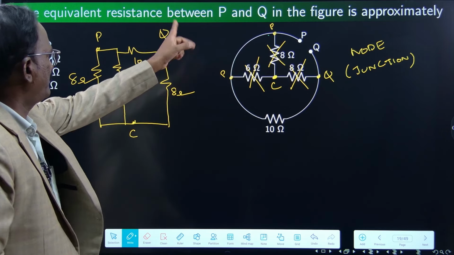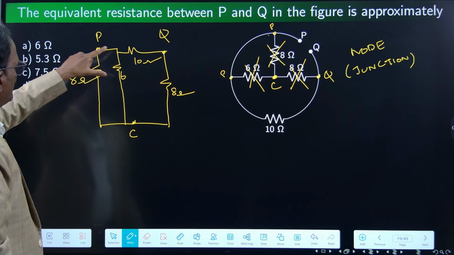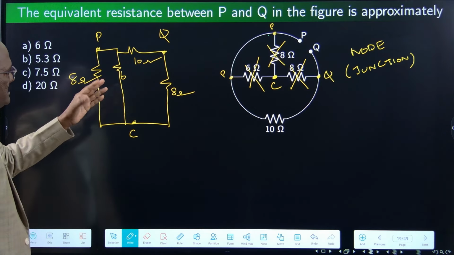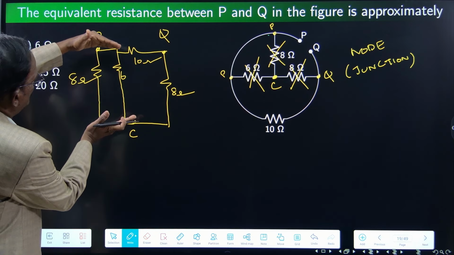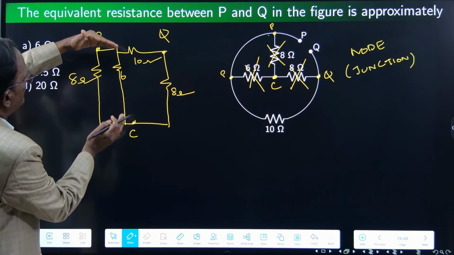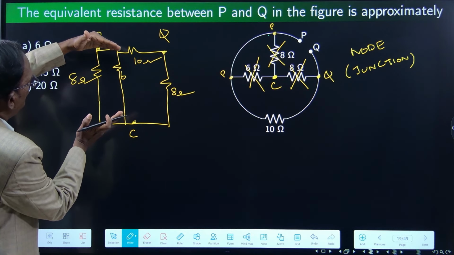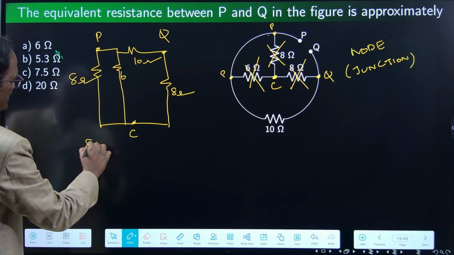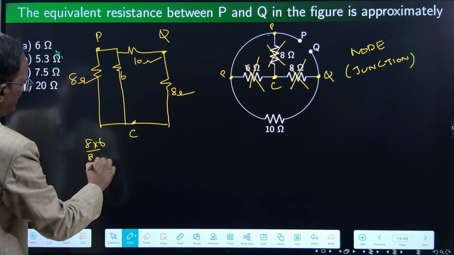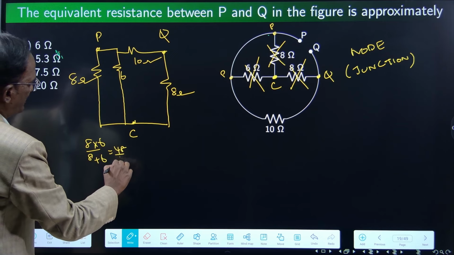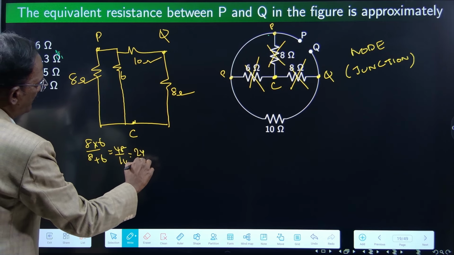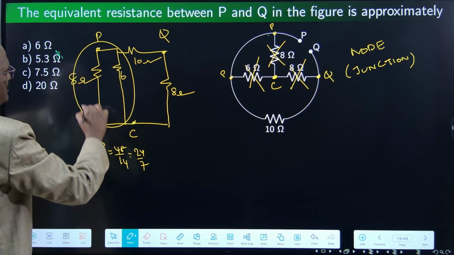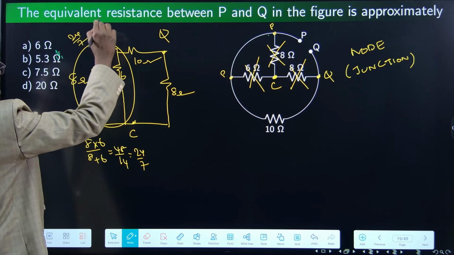The question is between P and Q, right? So these two are in parallel. Easily we can tell, because these two have common junctions, P and C. So 8 into 6 divided by 8 plus 6, 48 divided by 14, or 24 by 7. This combination is 24 by 7.